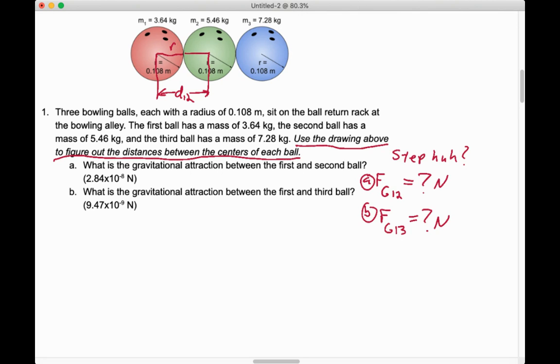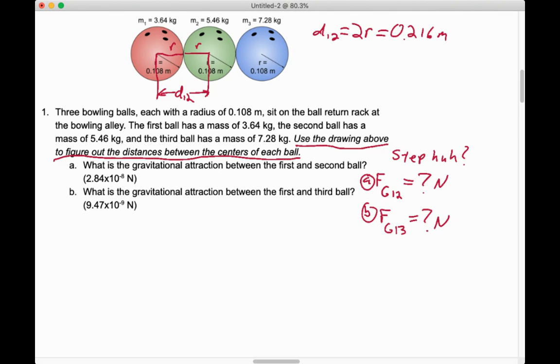So a little r there, a little r there, which means D12 is equal to 2 radiuses. So 2 times 0.108 is going to give us 0.216.